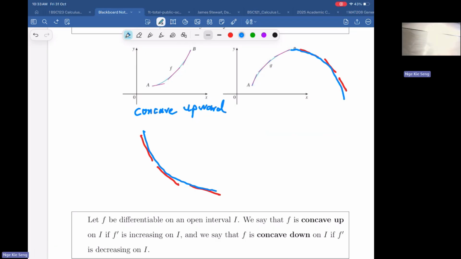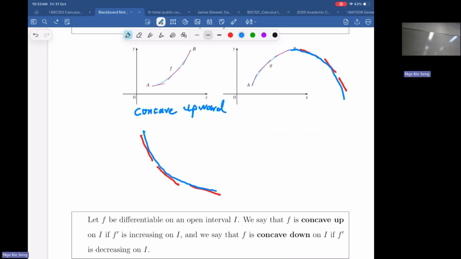On the left picture, is the derivative increasing or not? Getting steeper. In the second case, is it increasing? You get less steep, but your gradient is getting more positive.